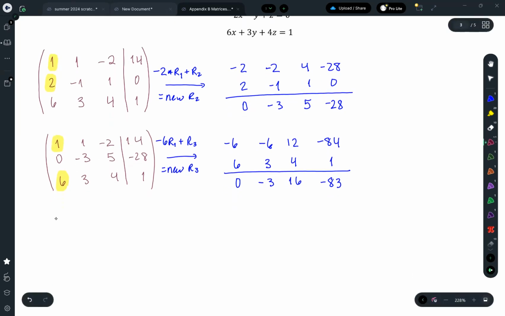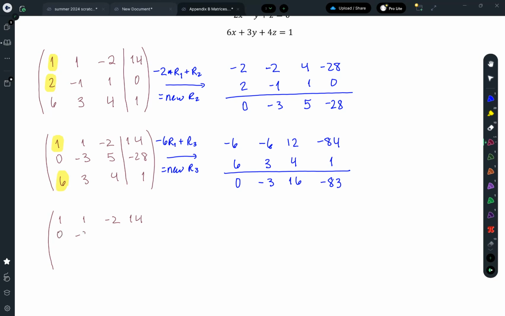So when I write out my matrix, now rows 1 and 2 stay the same. 1, 1, -2, 14 for row 1, 0, -3, 5, -28 for row 2, and row 3 is now 0, -3, 16, -83.